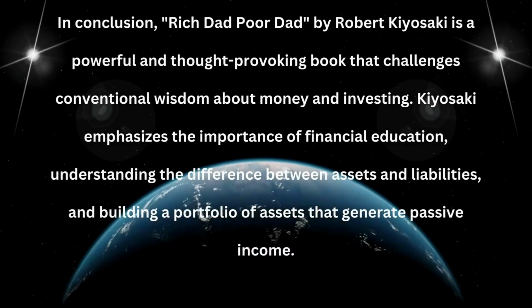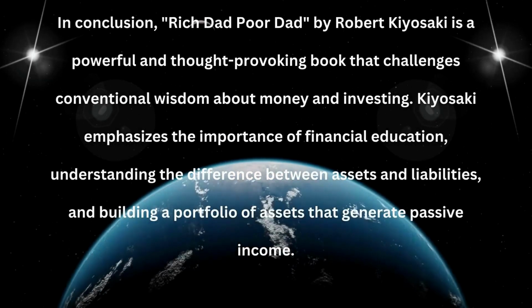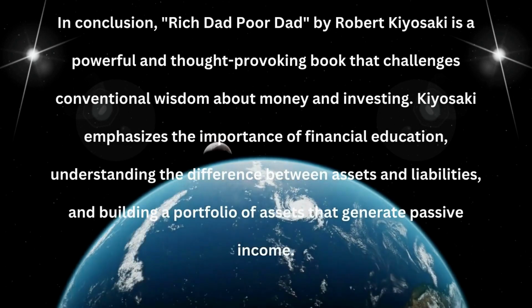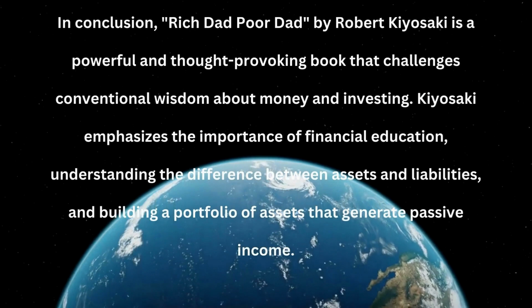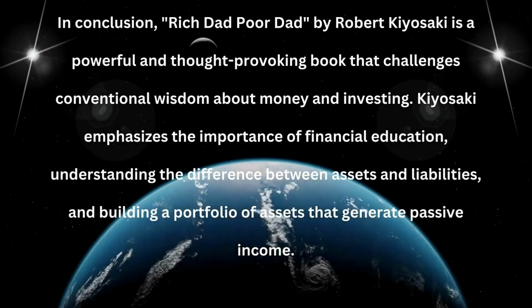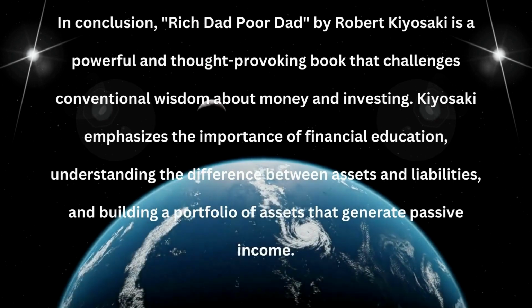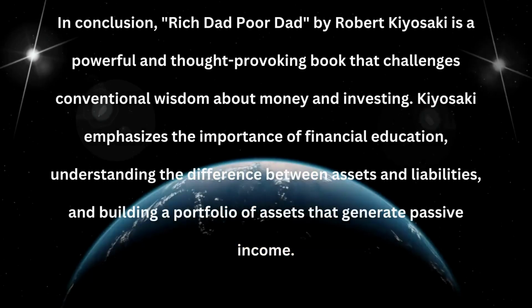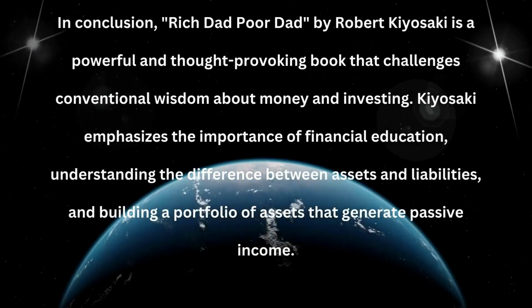In conclusion, Rich Dad Poor Dad by Robert Kiyosaki is a powerful and thought-provoking book that challenges conventional wisdom about money and investing. Kiyosaki emphasizes the importance of financial education, understanding the difference between assets and liabilities, and building a portfolio of assets that generate passive income.